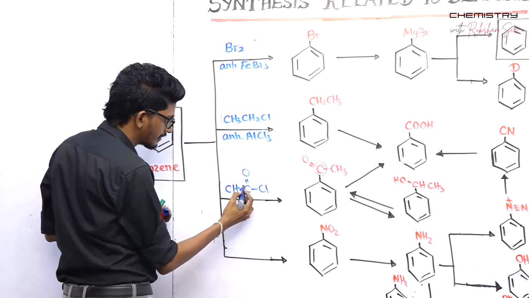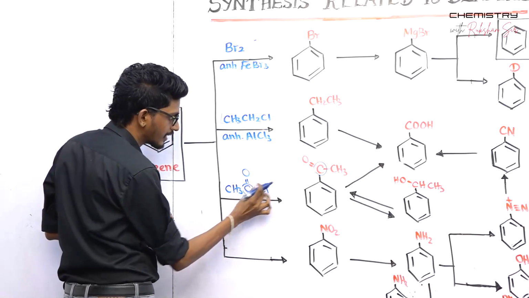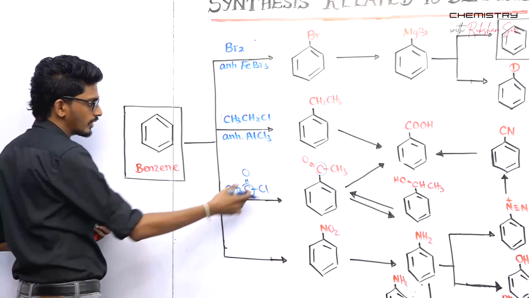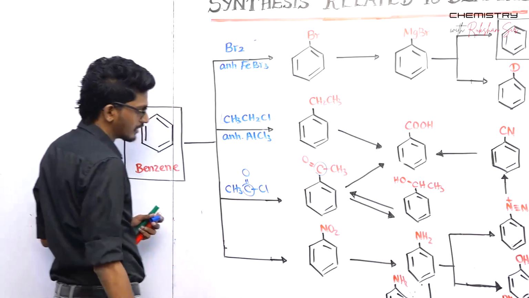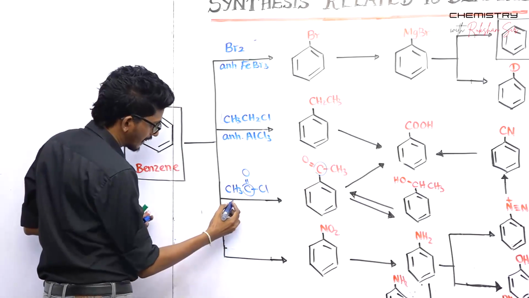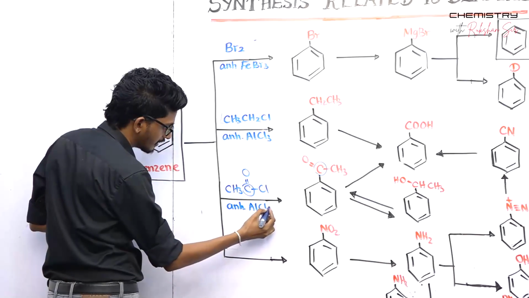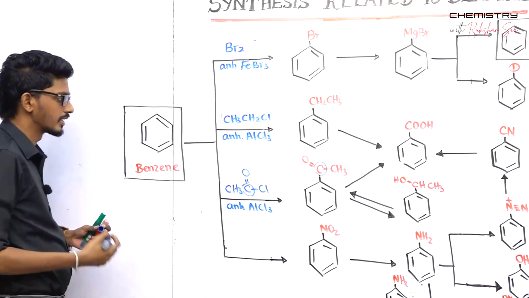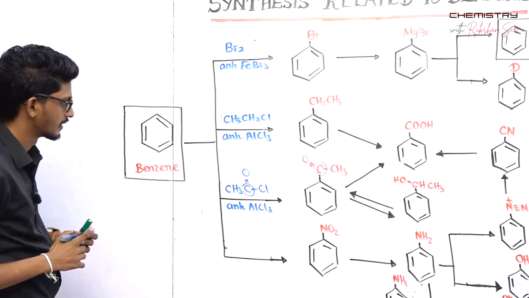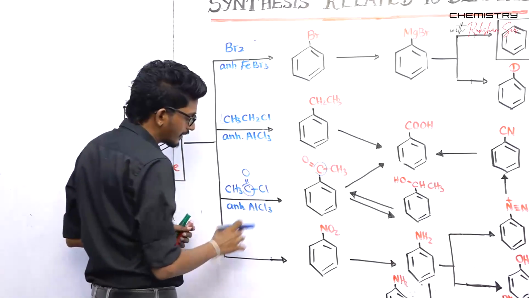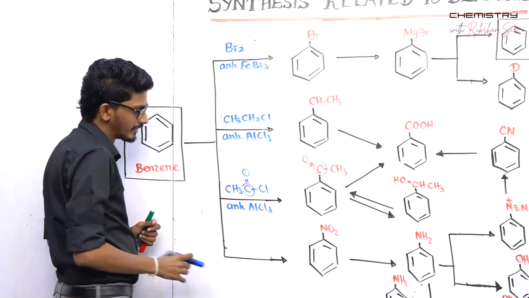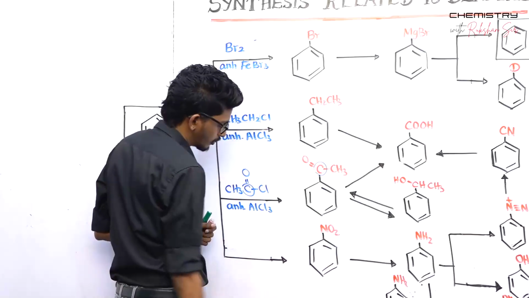As the Cl leaves, this carbon will connect with the ring to give you the ketone group on the ring. Again, this should be added with anhydrous AlCl3 catalyst.